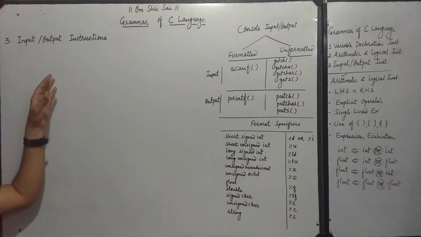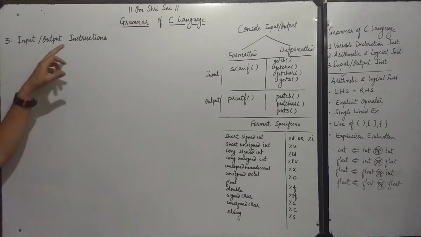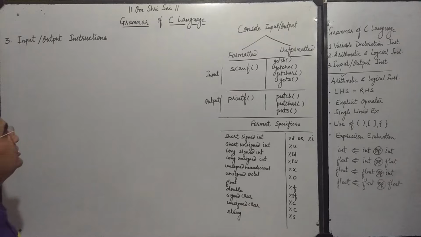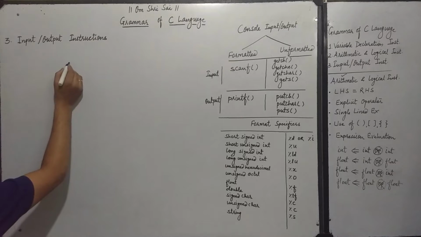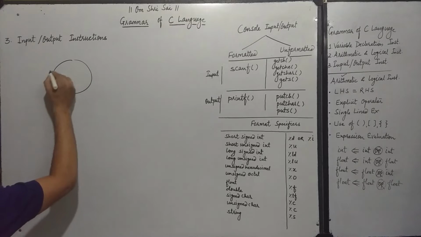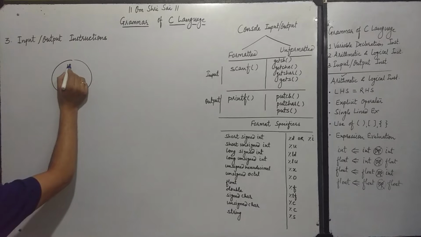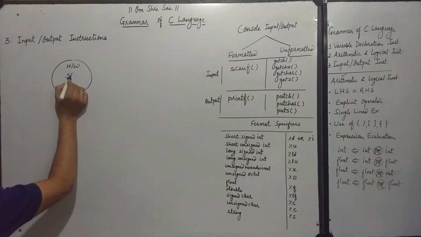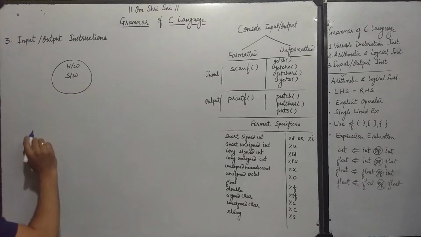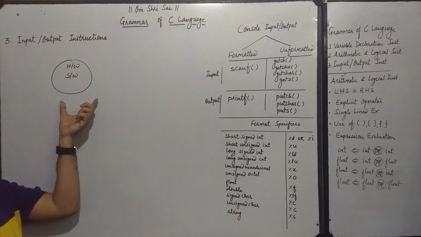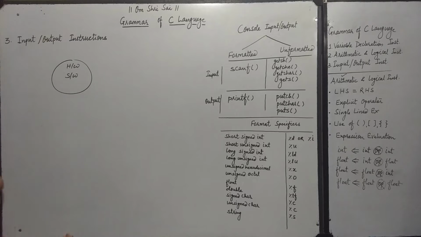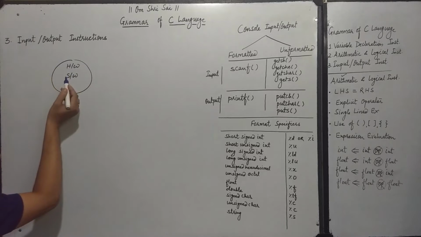Now starting with today's class, we are going to study input-output instruction. First of all, we should learn what is input and what is output. In any system, it may be either the hardware system or software system. Whenever we define any system, its motive is to obtain something, and some processing happens in that system.